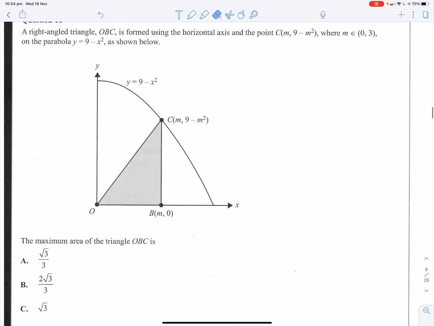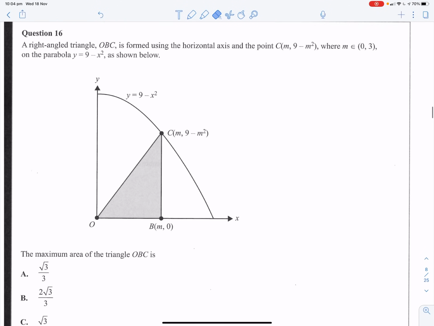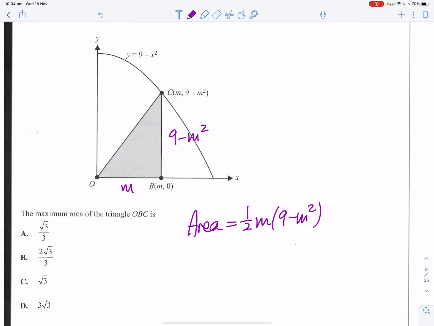Okay, right angled triangle ABC, horizontal axis m, 9 minus m squared between 0 and 3 on the parabola. On the parabola. Oh, okay. So we know that's m, and that's 9 minus m squared. The area is a half m 9 minus m squared.